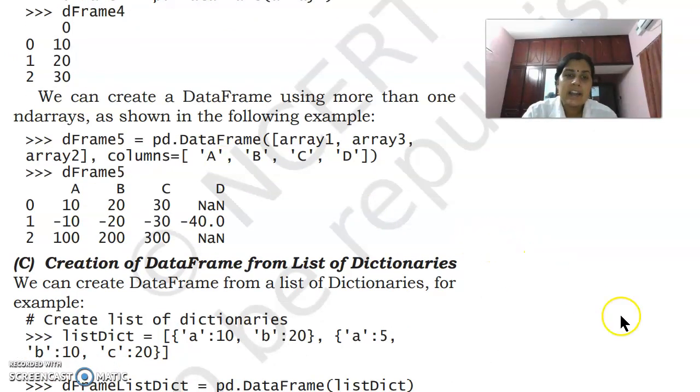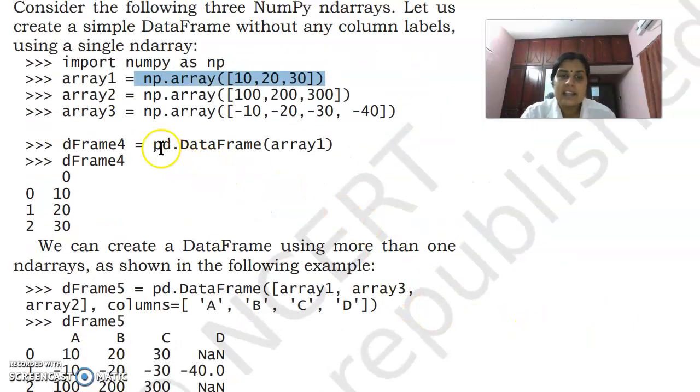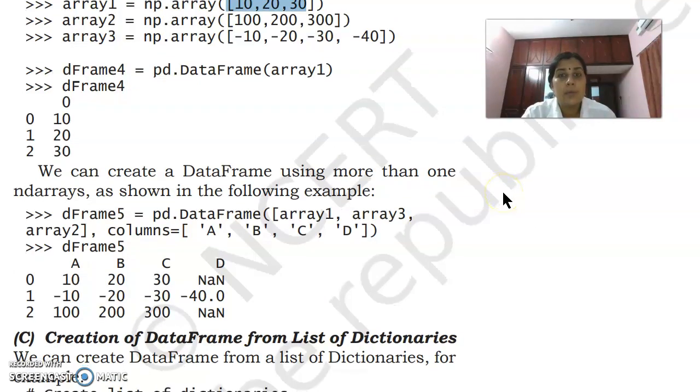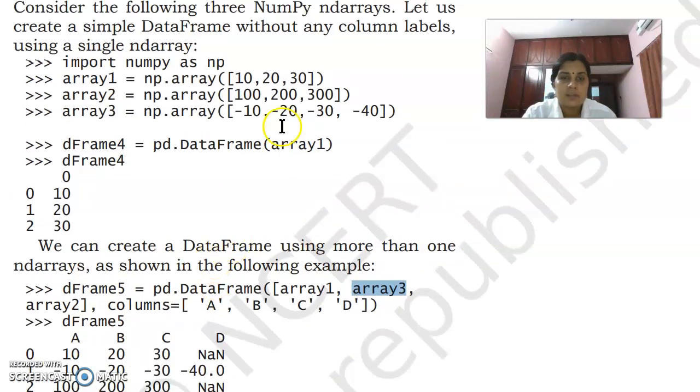We can create a data frame by using more than one array also. So here the syntax becomes different. In pd.DataFrame, here we use only a single array which contains values 10, 20, 30. When we are using more arrays, then we can give the name of each array inside this bracket, by using the array symbol. Array symbol means square bracket. By using square brackets, we can pass the arrays.